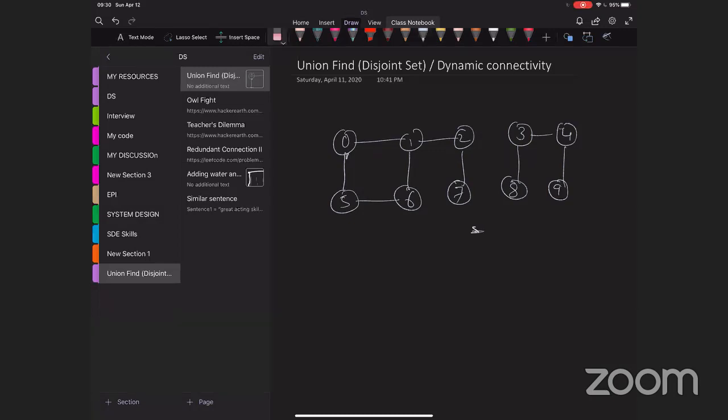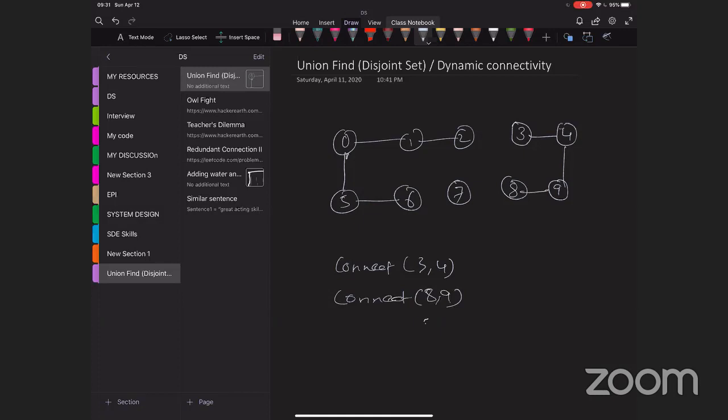For example, if I don't have this, I can ask this data structure to connect 3 and 4, and it makes that connection. I can ask it to connect 8 and 9, and it makes that connection, right?